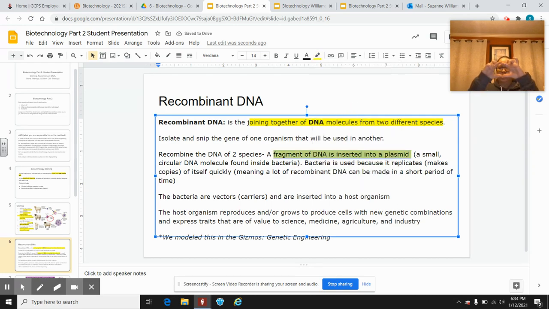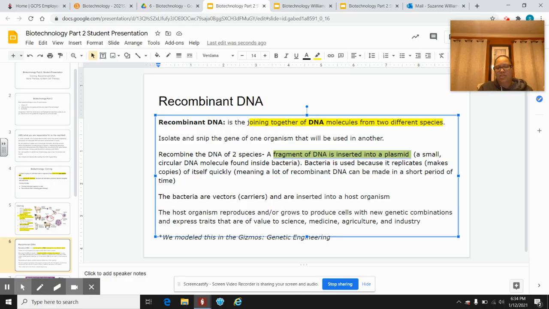It's shaped like a circle. It contains DNA. It's found in a bacteria. Okay. We use bacteria because bacteria replicate, make copies of itself really quickly, like every 20 minutes. And so if you are going to make a medicine, we're going to use this recombinant DNA as a medicine, you would want to be able to make a lot of medicine in a really short period of time.